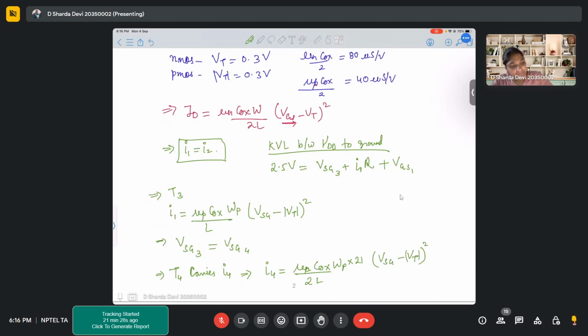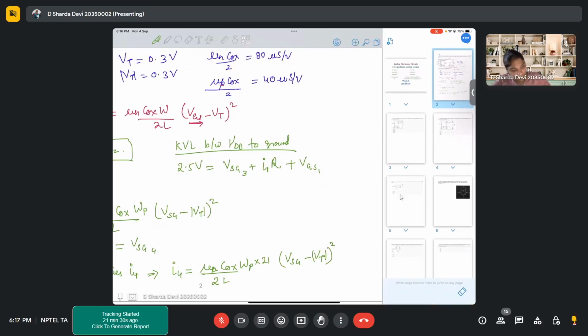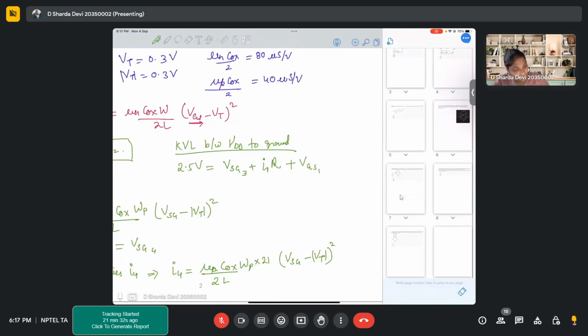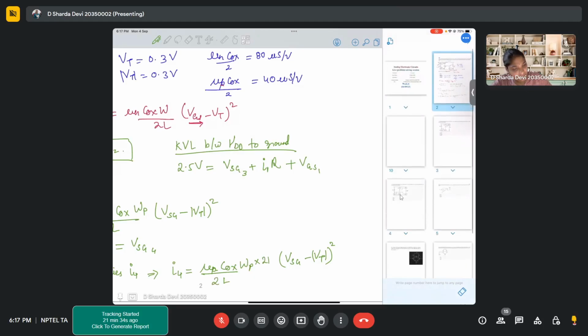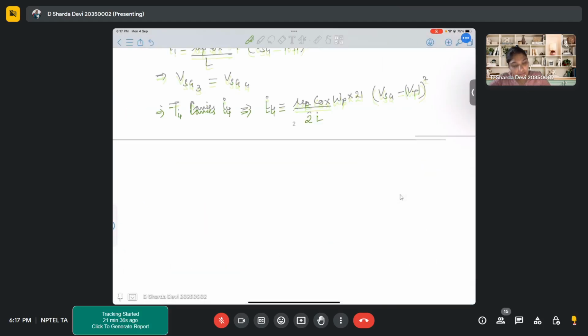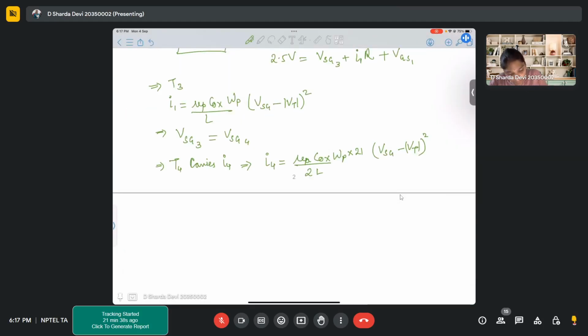Now here, we know that I1 is how much? Mu P Cox WP by 2L, VSG minus mod VT whole square, right?